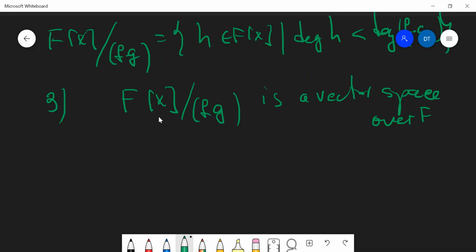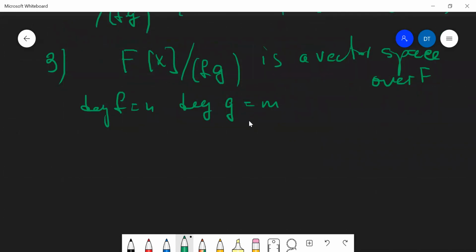For example, let's suppose that the degree of f is n, the degree of g is m, then the degree of f times g will be n plus m, and a basis of this space is 1, x, x to the power of 2, and so on, up to x to the power n plus m minus 1.